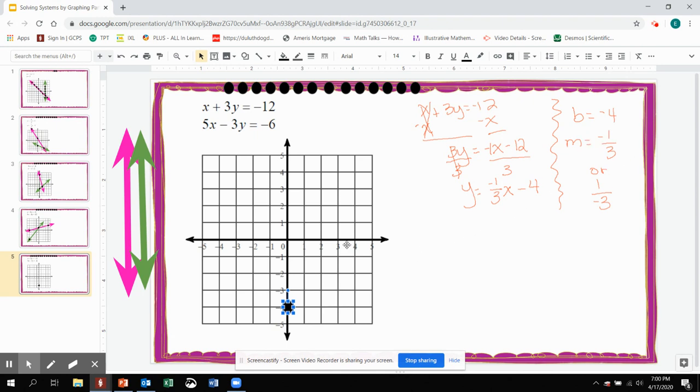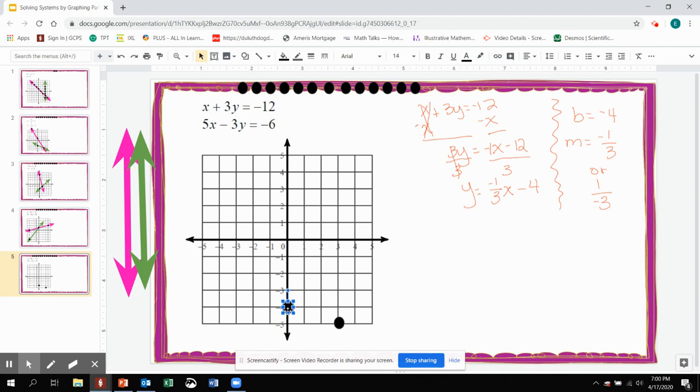So if I start with this one, -1 over +3, that has a rise of -1, so that's down 1, and a run of +3, so that's right 3. Now, if I keep going from there, I'm going to end up off my graph. So if I go back to my y-intercept, I could also use +1 over -3.